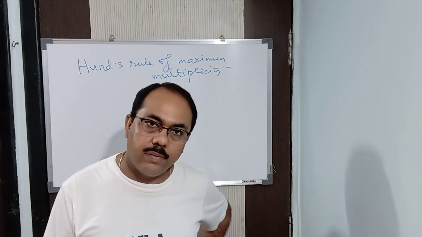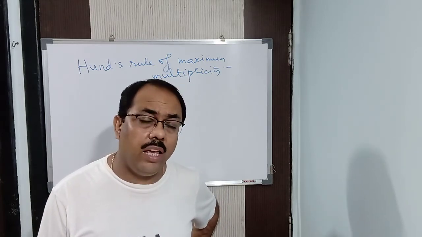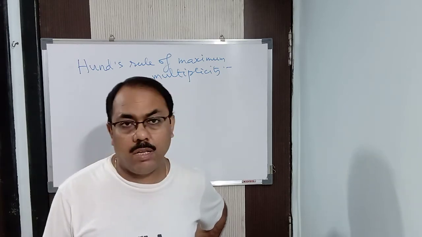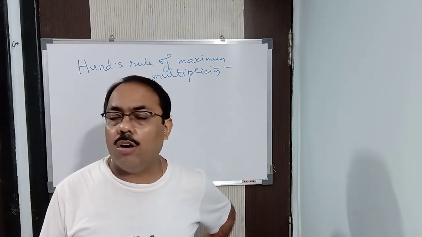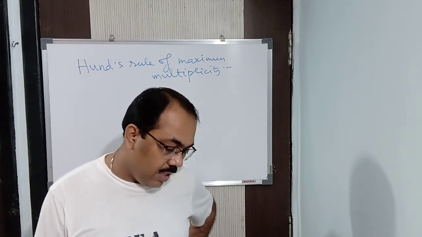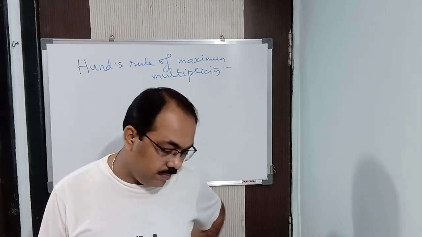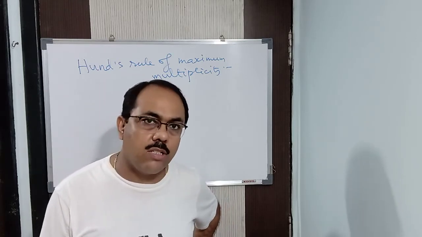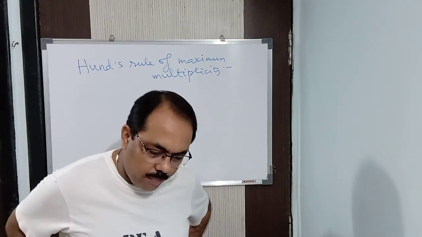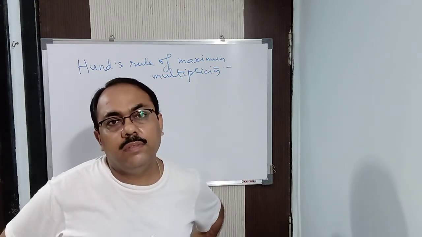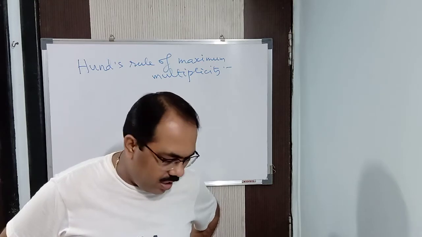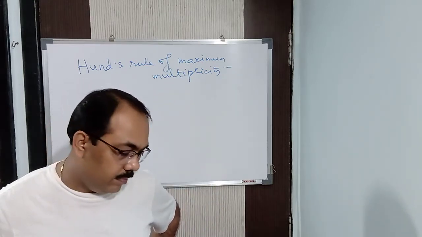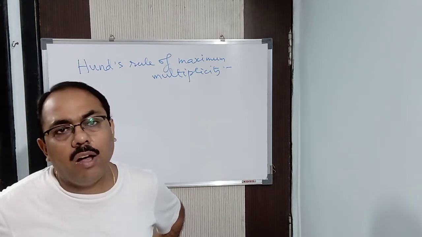Electron pairing in p, d and f orbitals cannot occur until each orbital of a given subshell contains one electron each or is singly occupied.